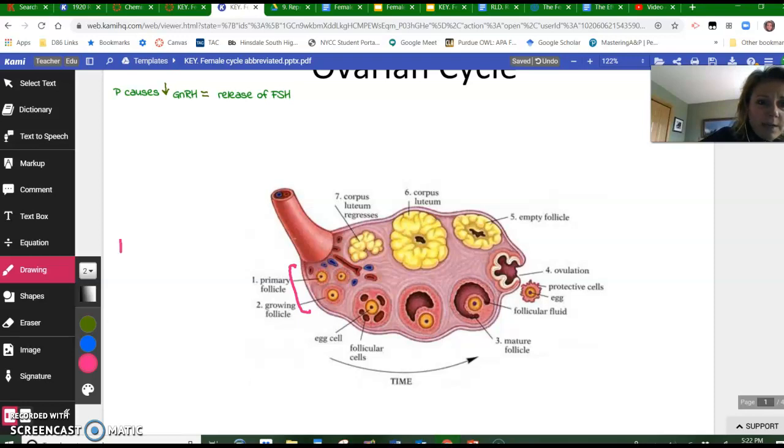This is happening days 1 through 5 of the female cycle. This is when menstruation begins. So the first day of bleeding is considered day 1, and this is going to last for about 5 days. During this time, the endometrium is shed.